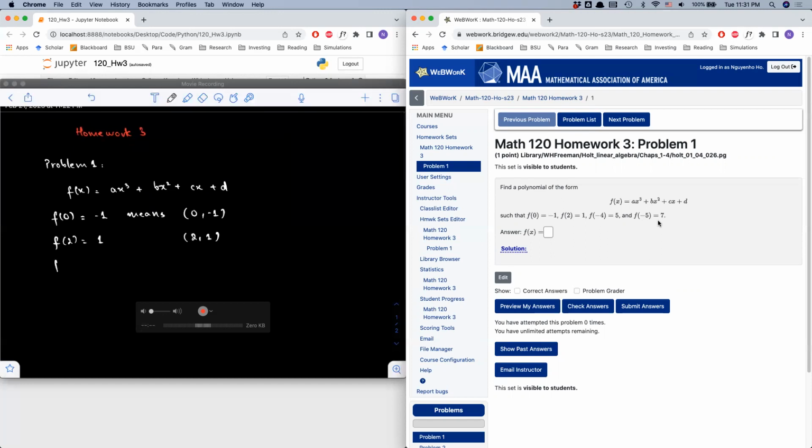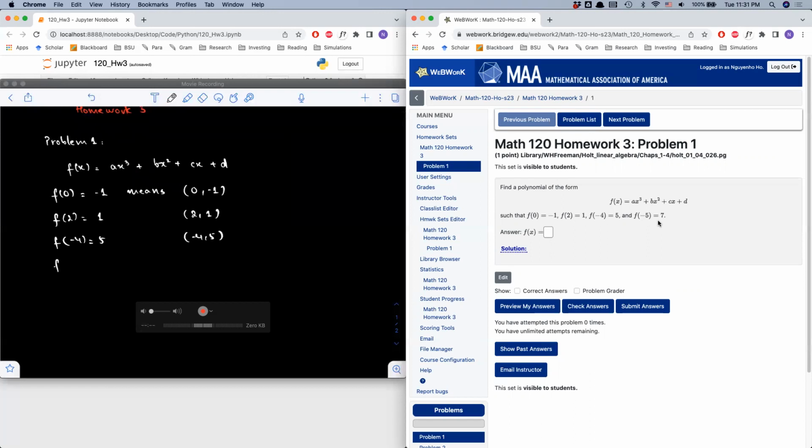The third point is f of -4 equal to 5, or this is -4, comma 5. And the last point is f of -5 equal to 7, or you can write it in the form of an ordered pair, that is -5, comma 7.